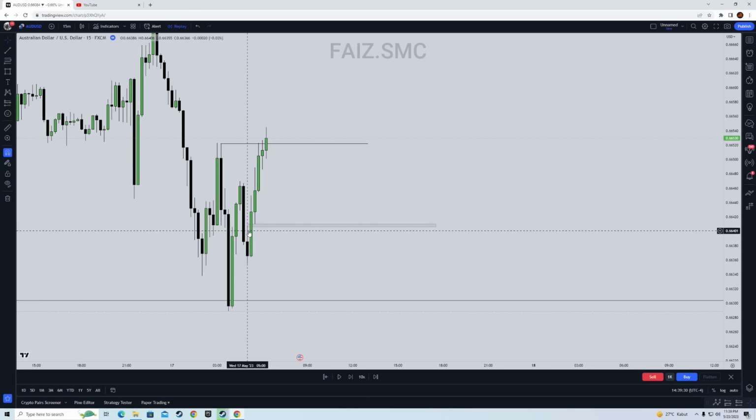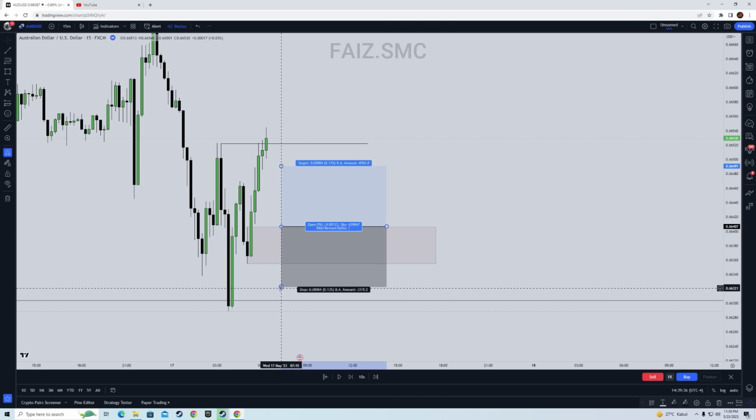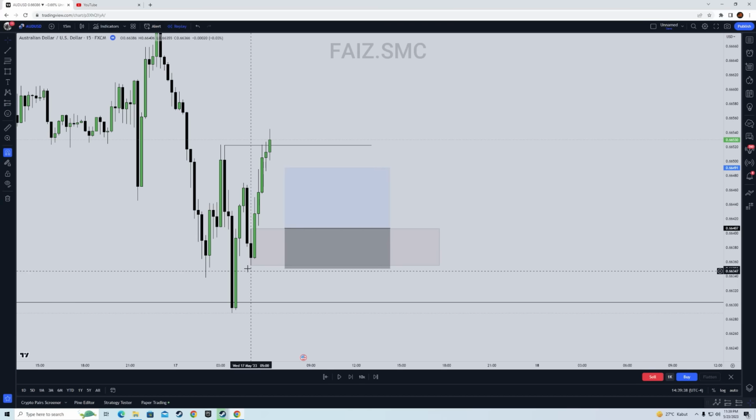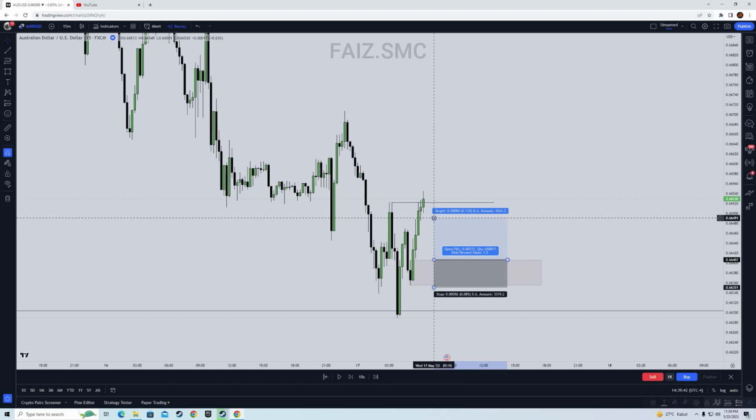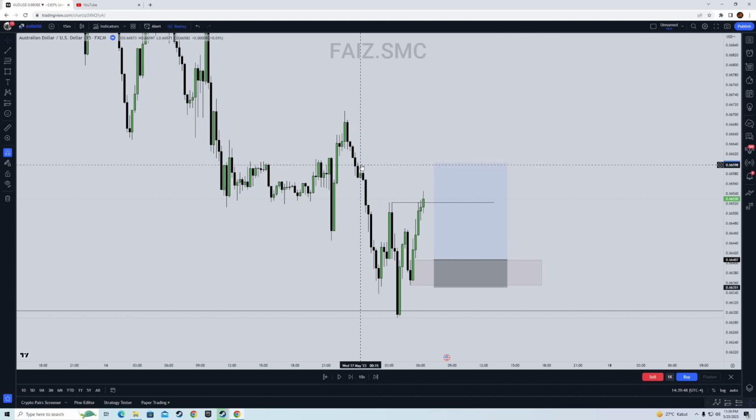So this would be my order block or my entry zone. I would take my entry from this order block, and I can either put my stop right here or here. Since there's no fair value gap here, I'm going to put my stop here, and I would maybe target this little fair value gap here.